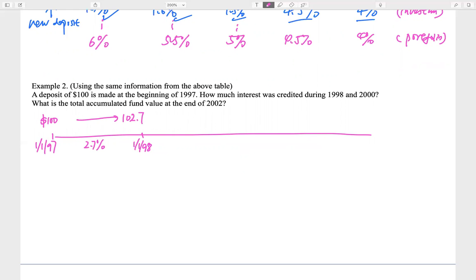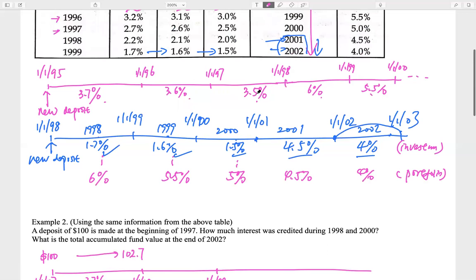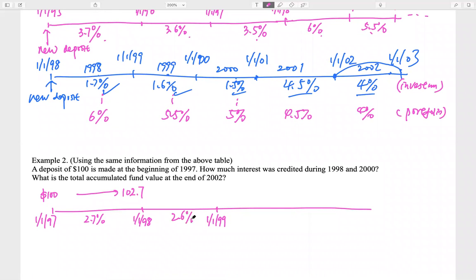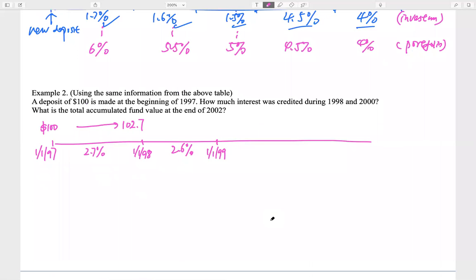Now I want to know the interest in this year. Right? What is the interest rate? Rate is 2.6%. Right? I want to know the actual amount. Obviously, the amount will be my initial value at the beginning of the year times the interest rate. This will give me the interest I will earn in the year of 1998. The value would be 2.67.